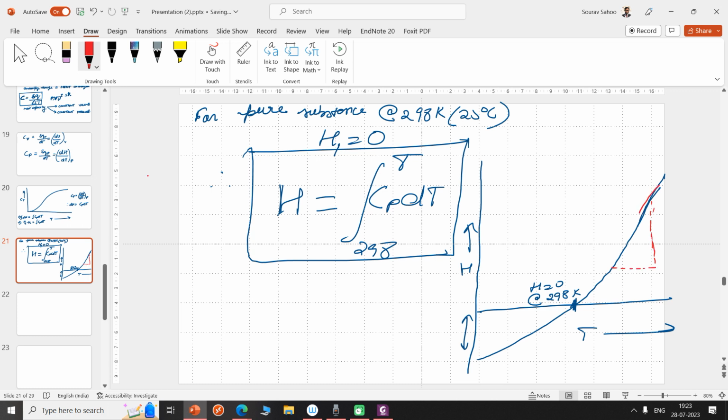So this part, if you equate it to y is equal to mx, here the slope will be Cp, right? So the slope of my H versus T curve gives me the specific heat.